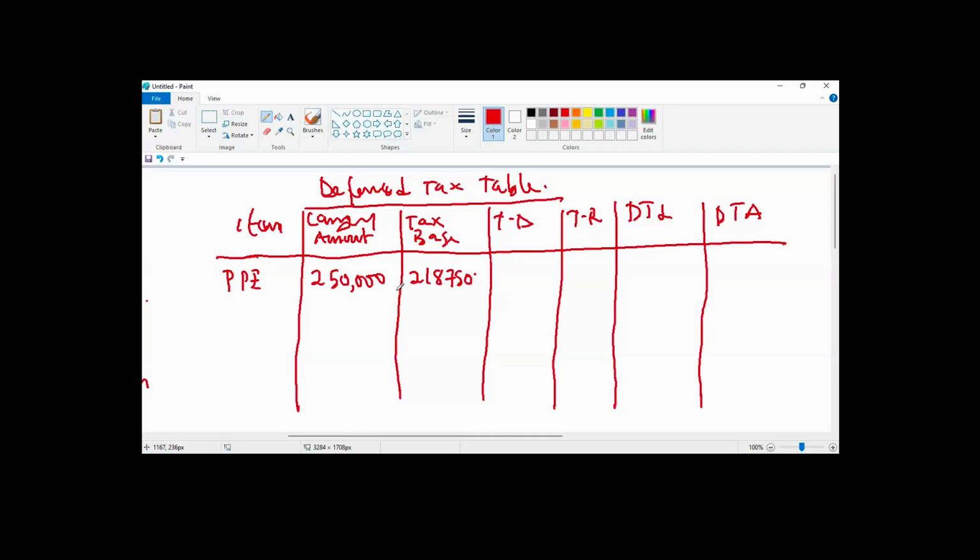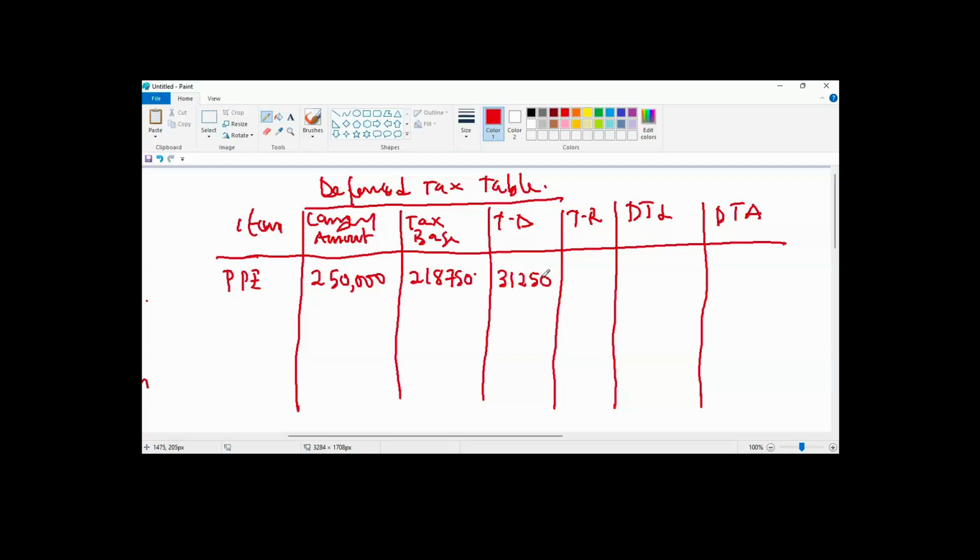Yes. What is the temporary difference? Give me the figure. 31,250. I know that. That person that talks, the voice looks familiar. That's 31,250. What is the tax rate?